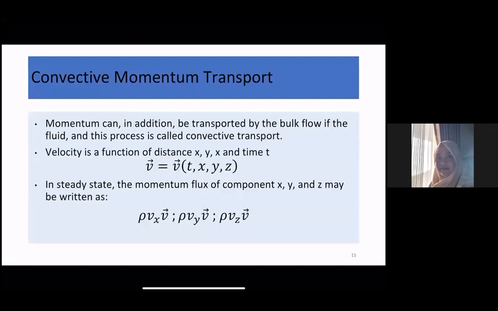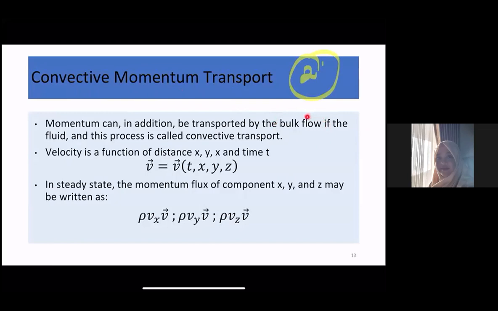Okay, now let's check the next concept. The next concept is called convective transport. The convective momentum flux is caused by a velocity, or by the bulk flow.